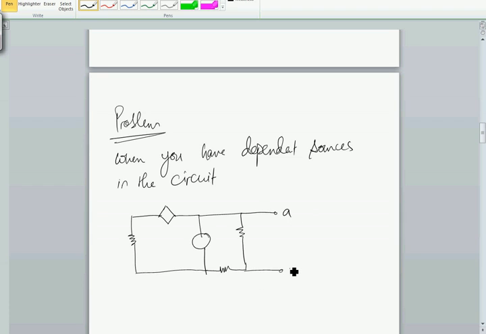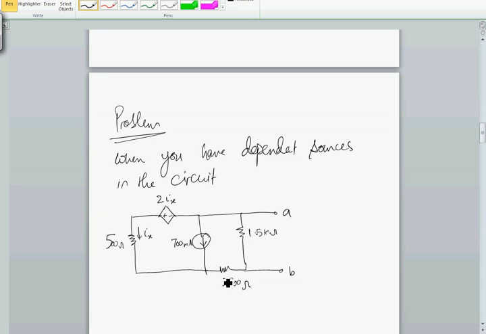Alright, this is the terminal A and B where the load will be connected. You have a 1.5 kilo ohm resistor, you have a 2500 ohm resistor, and you have a 700 milliampere source. You have a 2ix dependent voltage source, and then you have a 500 ohm resistor here with the current ix.